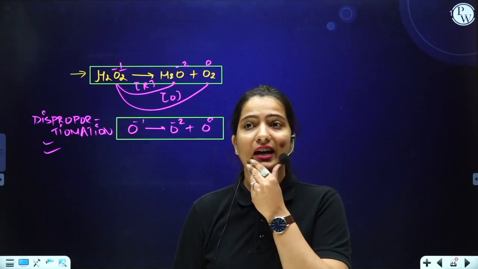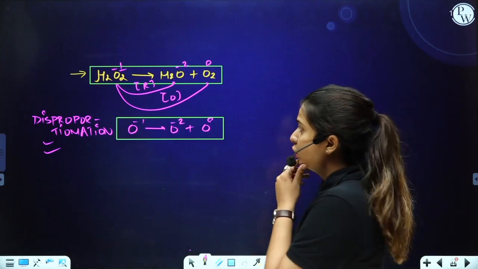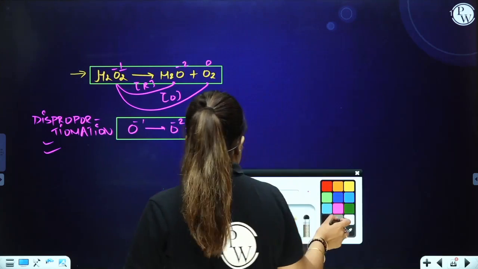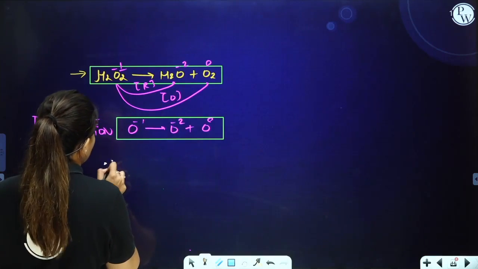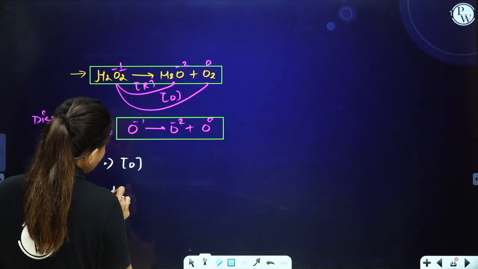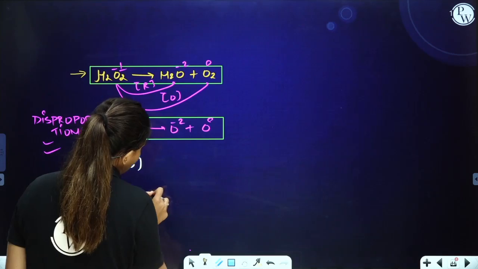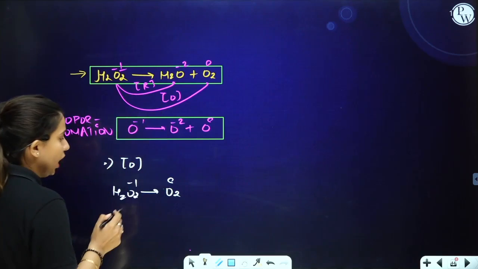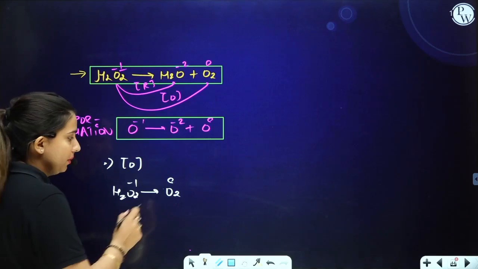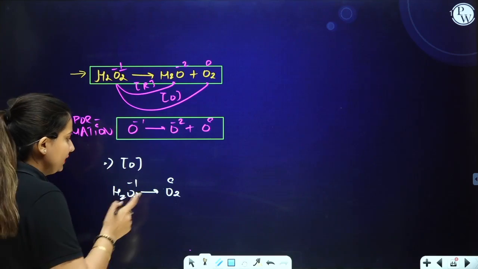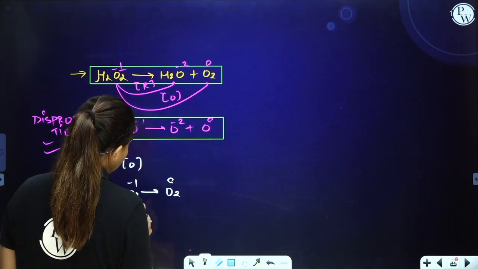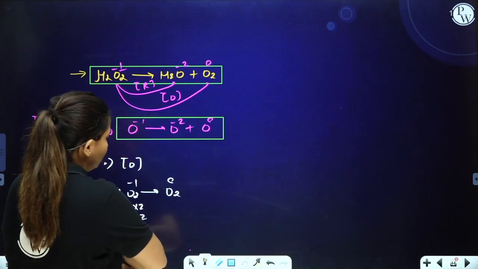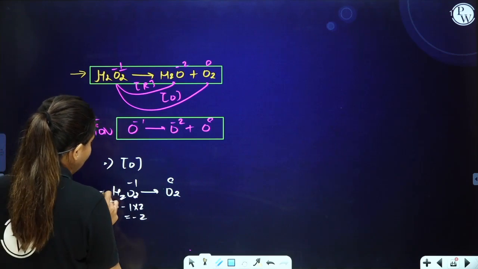So we need to know the N factor of H2O2 also. How do you calculate the N factor? First of all, you have to take the oxidation process in which H2O2 is getting converted into O2. -1 to 0. Now, how many oxygen atoms are there? 2. What is the charge over here? That will be -1 into 2, which is -2.